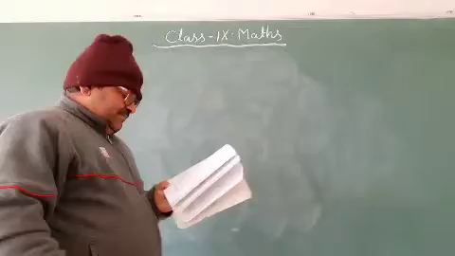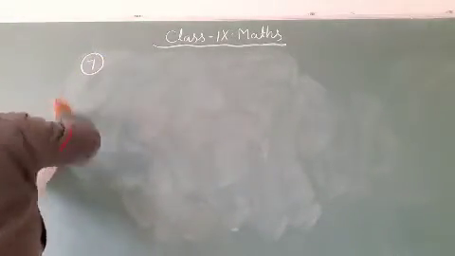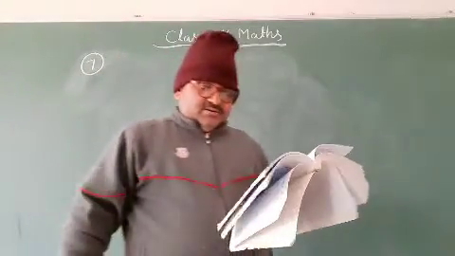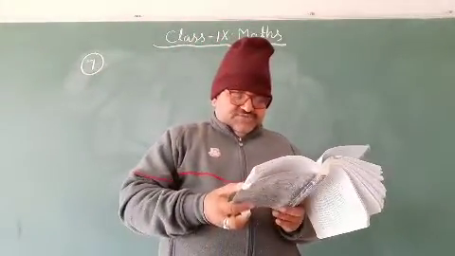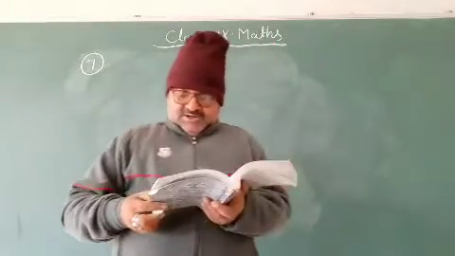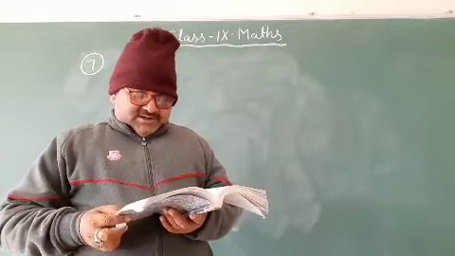Question number 7. A right circular cone ABC with sides 5, 12 and 13 centimeter is revolved about the side 12 centimeter.